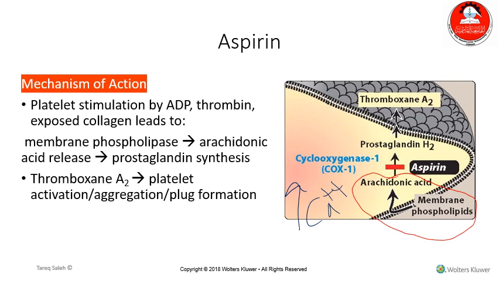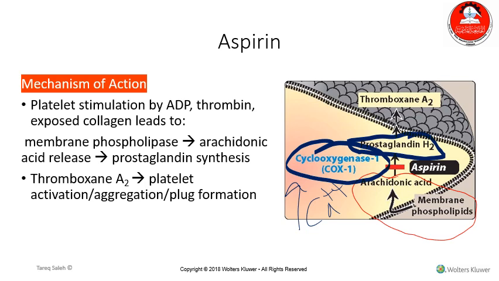Arachidonic acid is a phospholipid that is normally part of the phospholipids that make the plasma membrane of the platelets. And once it's released by the action of the enzyme phospholipase, it becomes converted into prostaglandin H2 by the enzyme cyclooxygenase 1.